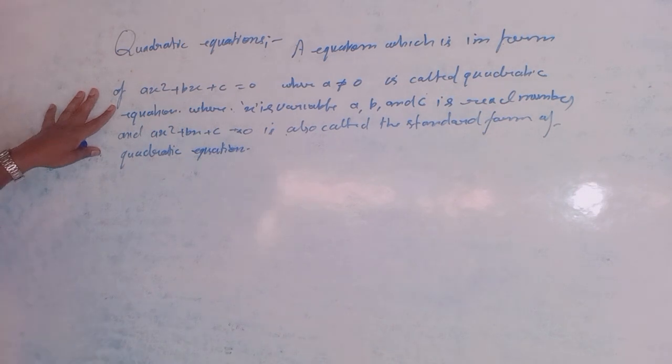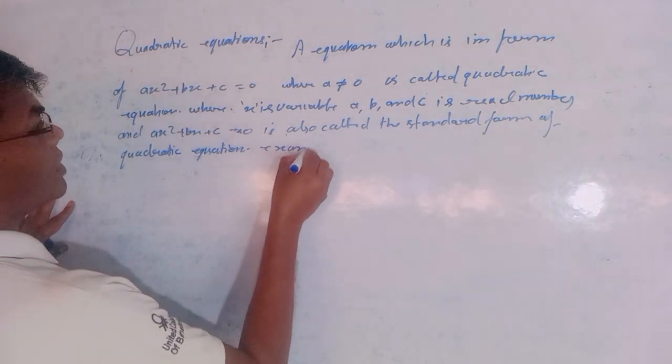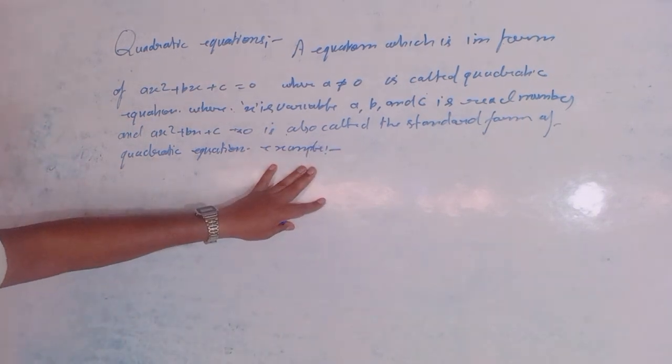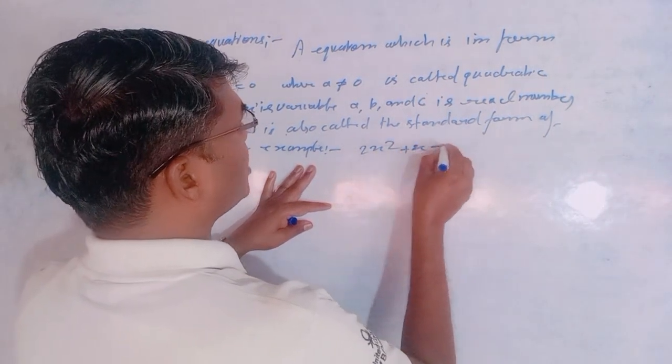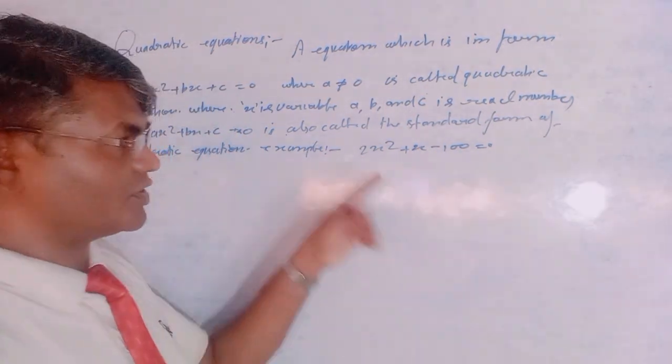So one by one, let's take some examples. There are a lot of examples. 2x square plus x minus 100 is also a quadratic equation. Got it?